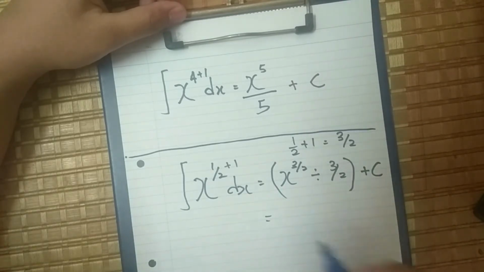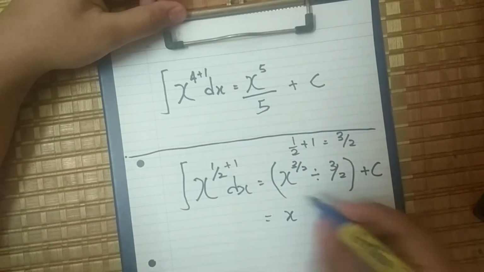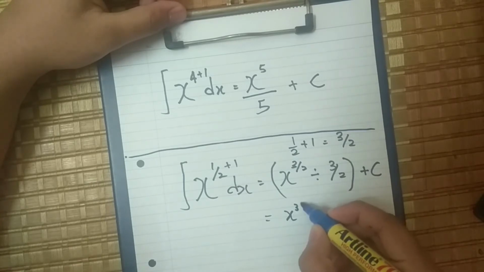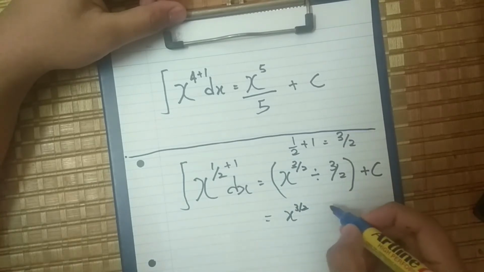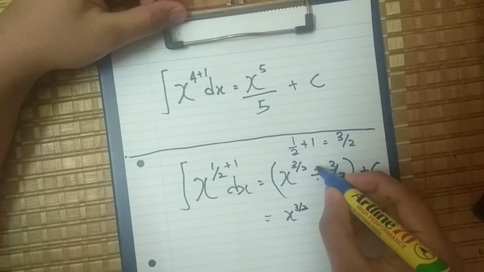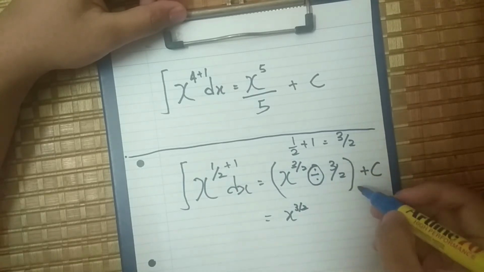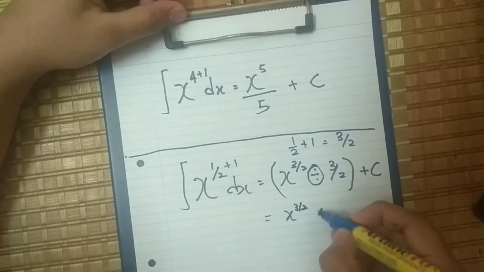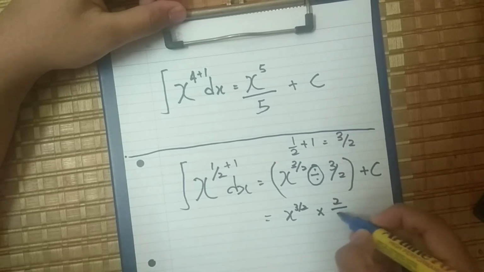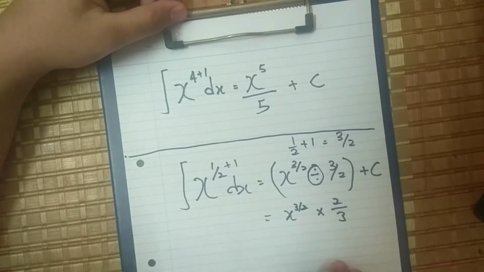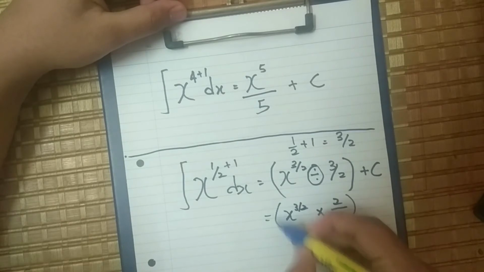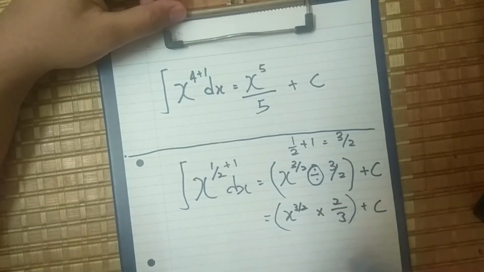equal to x to the power of 3 over 2, and when we change the division, it becomes times 2 over 3, plus a constant c.